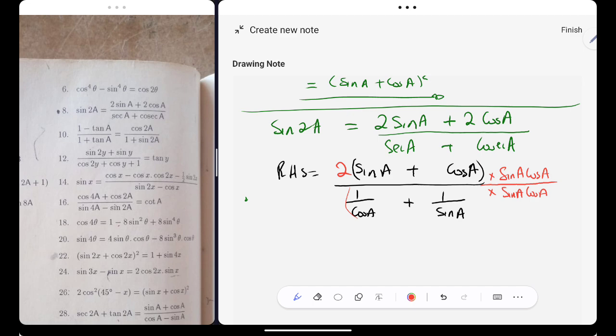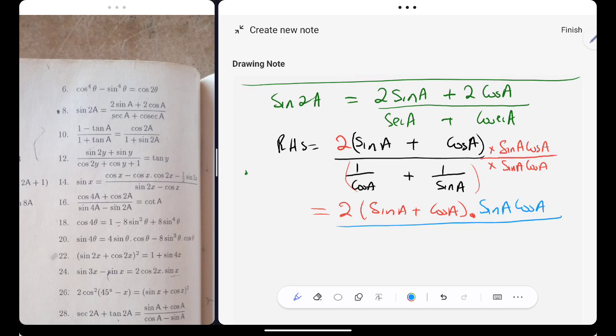Are you together? And then I'll have 2. The brackets will be there, sine a cos a, and then I'll still have, let me write this one in blue, I still have sine a and cos a.